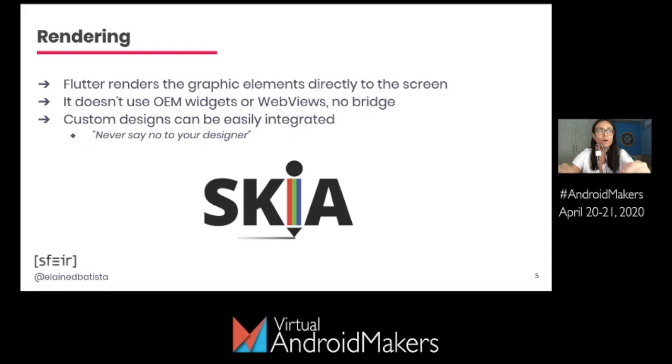And this is why it can be so powerful and so optimized to the platform, to the hardware. And also the rendering engine itself is based on Skia. Skia is the rendering engine that runs on Chrome, the Chrome web browser.